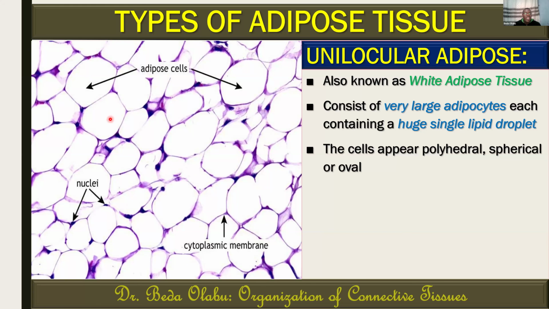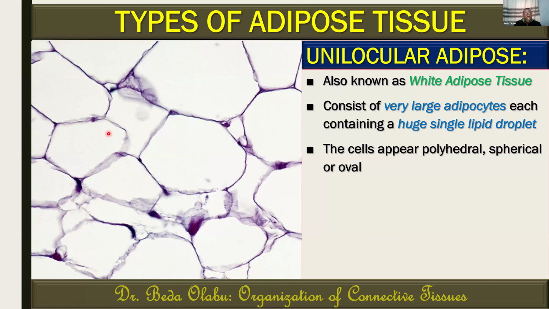Also, if they are strongly squeezed, they'll take the shape of polyhedral. But if they're not very squeezed, they'll just appear spherical or oval. This image also still shows you the unilocular adipocytes taking the polyhedral shape.